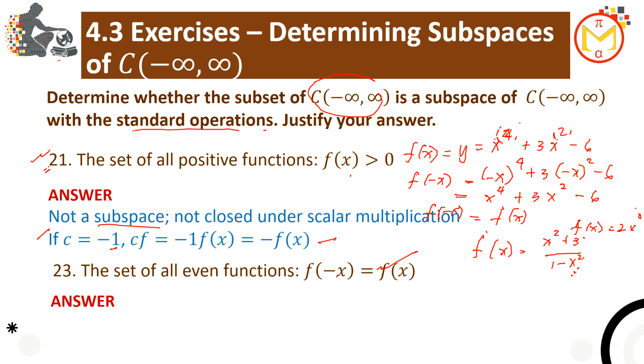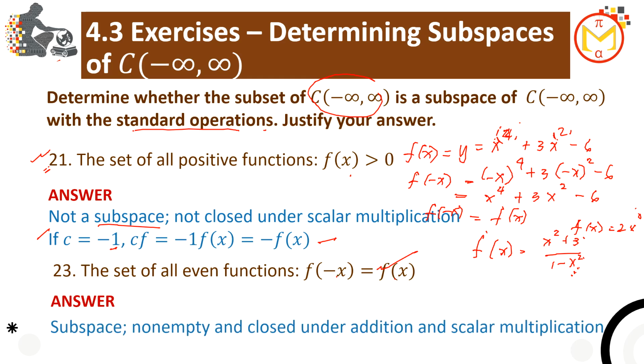Now, are these subspaces? Non-empty and closed under addition and scalar multiplication. If you are adding two even functions, let's say you have f sub 1 of x equal to x raised to 4 minus 6x squared, and f sub 2 of x, still even, x squared plus 6.